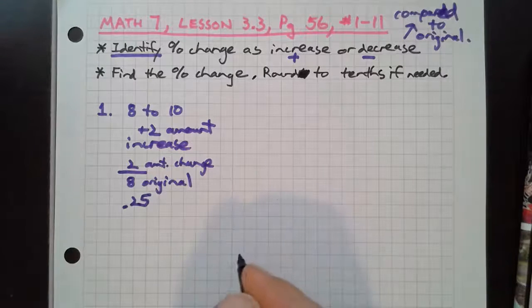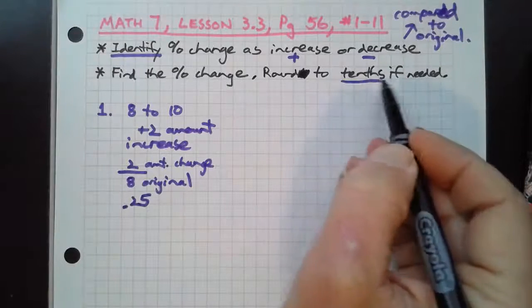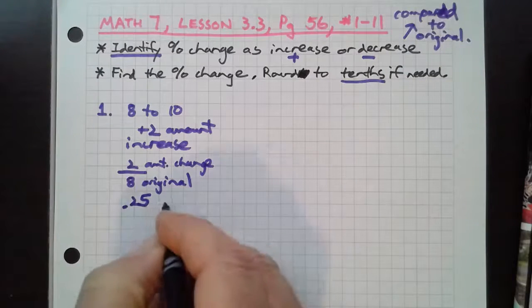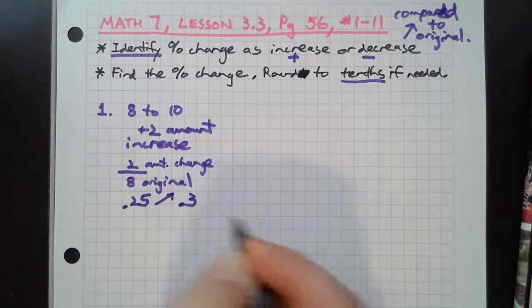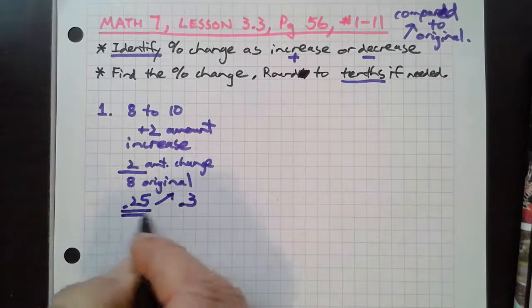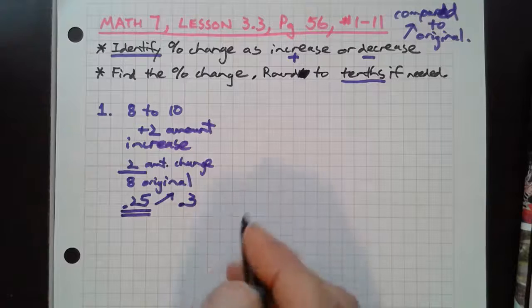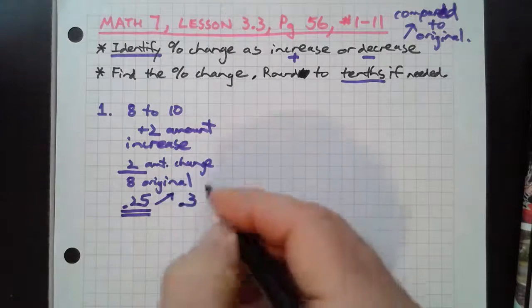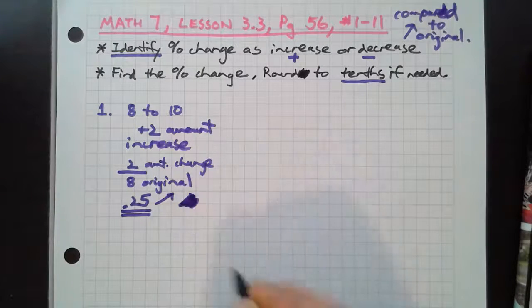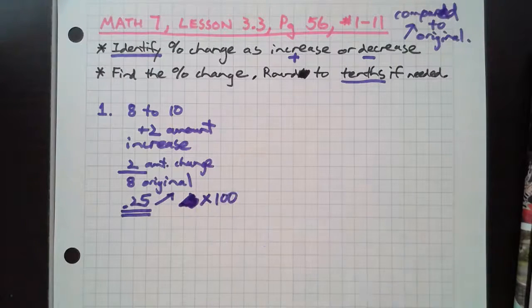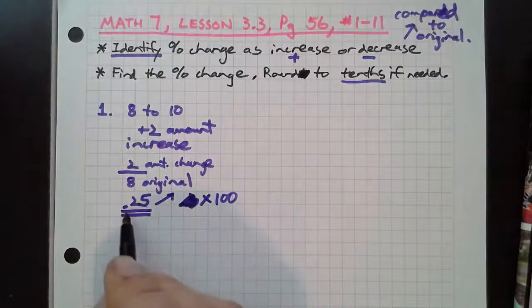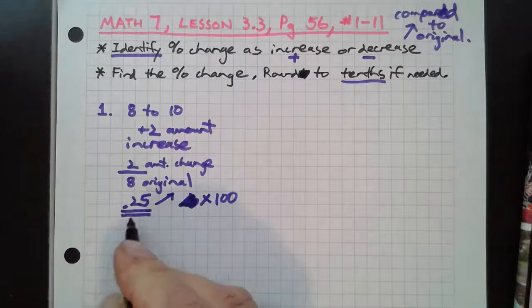If I wanted to round to the nearest tenth, what would it be? It would round to 3/10, but I kind of like leaving that there. So let's get rid of that. To make it into a percentage, we multiply it by 100. Why? Go ahead and say this decimal correctly.